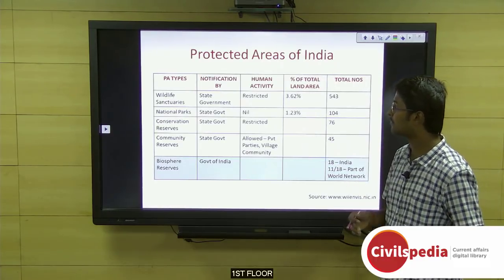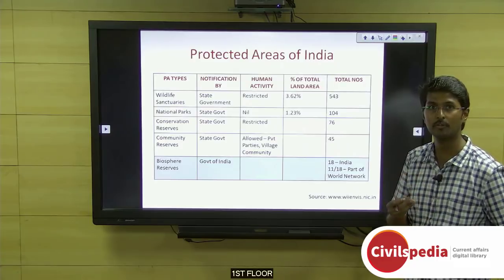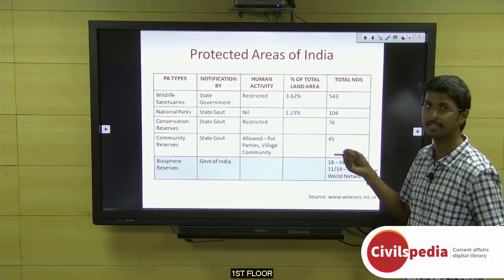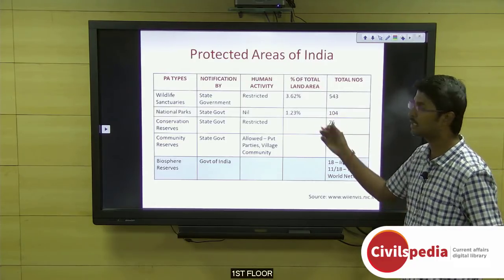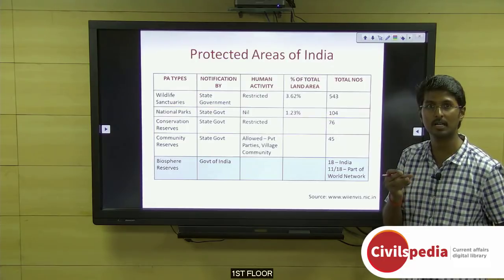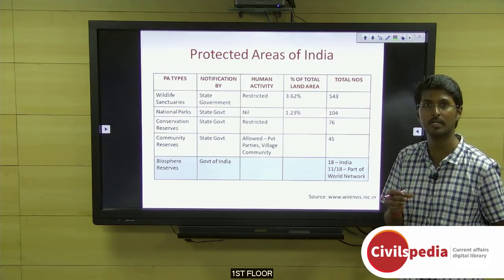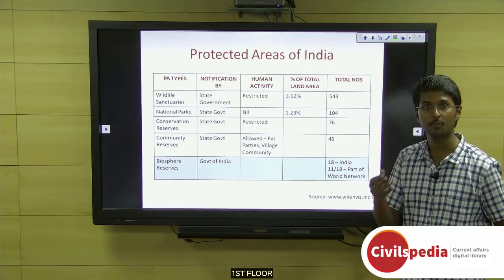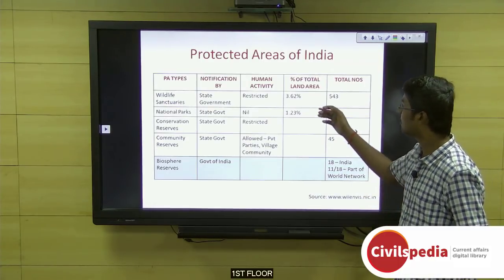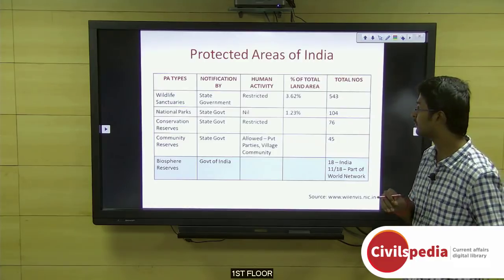A wildlife sanctuary is notified by the state government as and when required. Here human activity is generally allowed only at the fringes, and it is very restricted. It can be used for tourism purposes or by the locals residing on the fringes of the wildlife sanctuary.